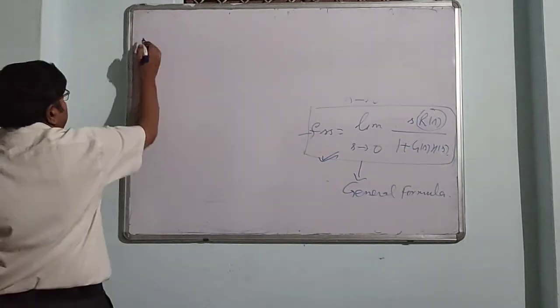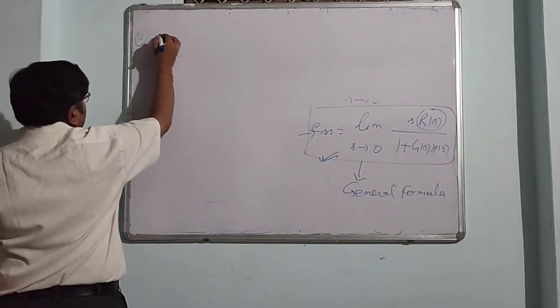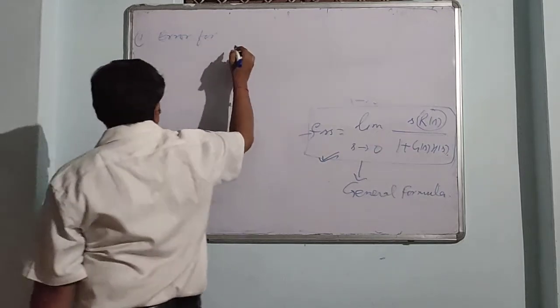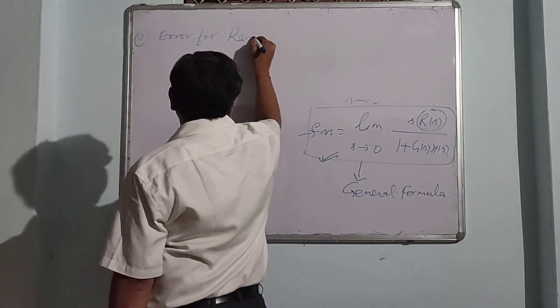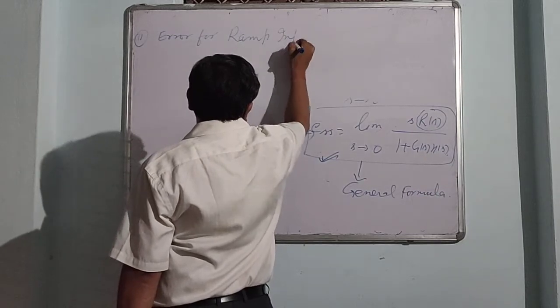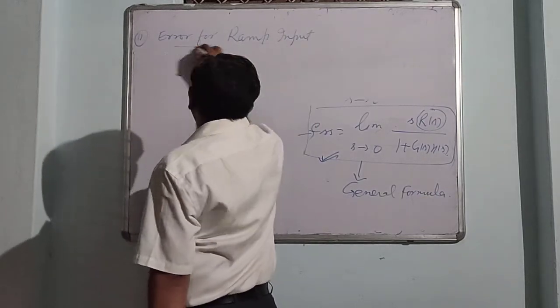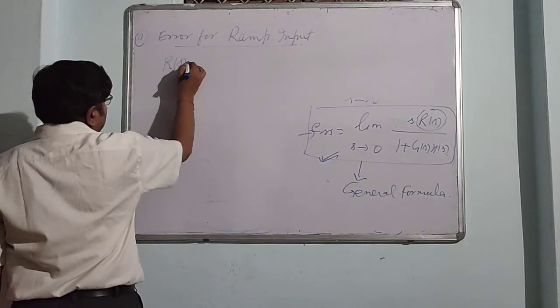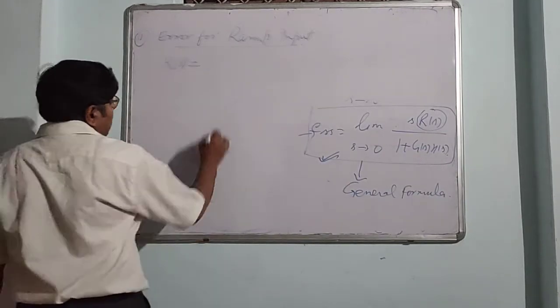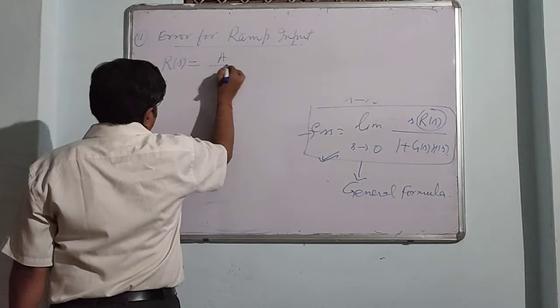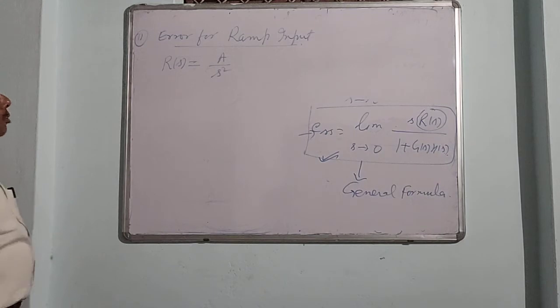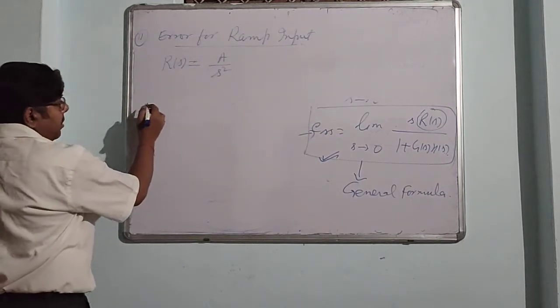So the second part is error for ramp input. The procedure is the same. Simply you have to replace this value. For ramp input, this is the value of R(s).